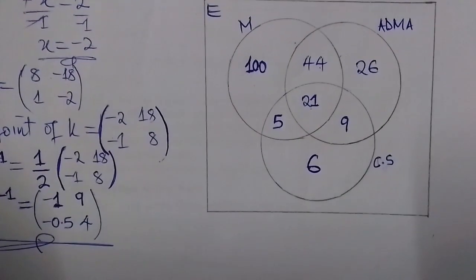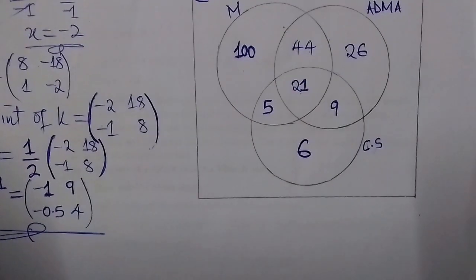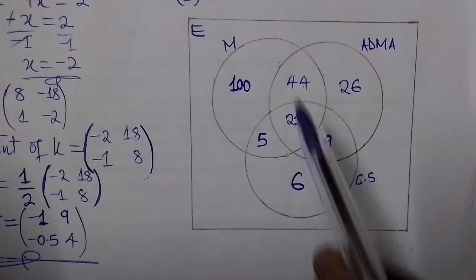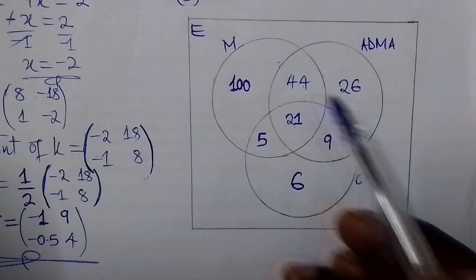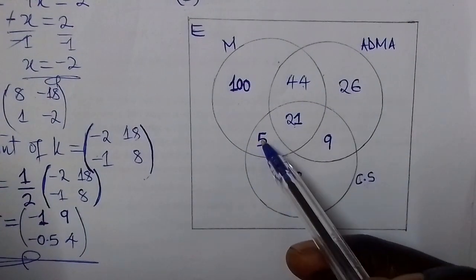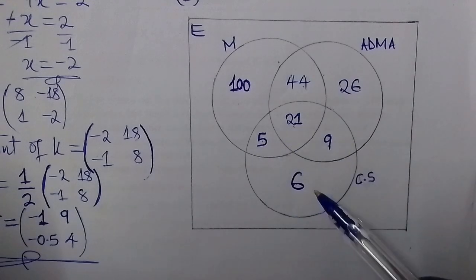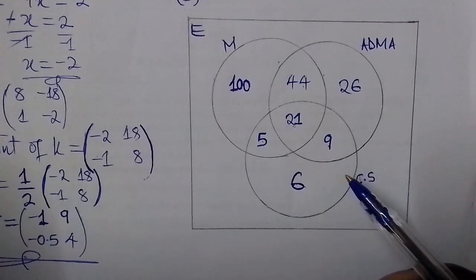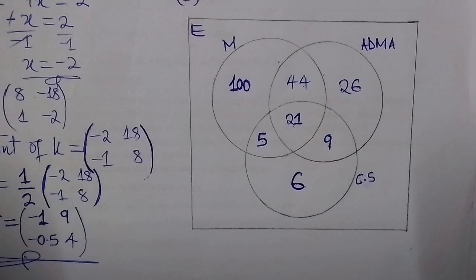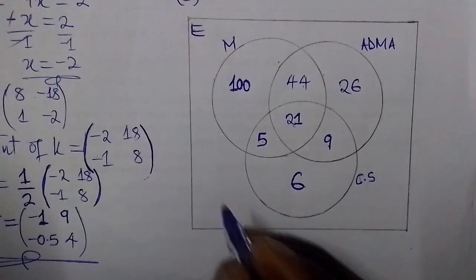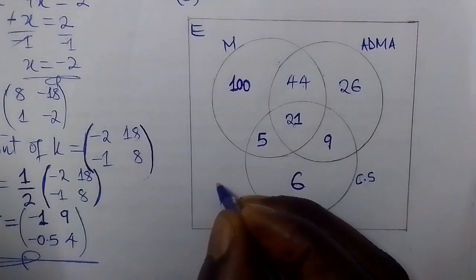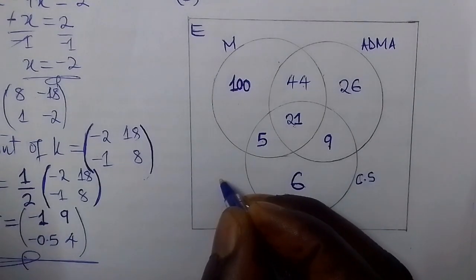Now when you add up everything that is in this set, 100 plus 44 plus 26 plus 5 plus 21 plus 9 plus 6, this gives 211. So if we're getting 211, then it means that we are missing numbers here. So what are we missing? So 215 take away 211, this gives a 4. So this 4 is supposed to be outside the 3 sets.